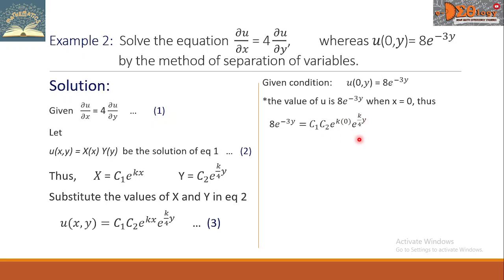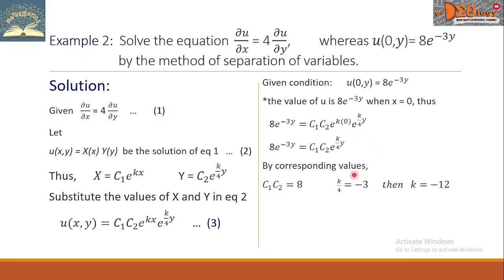We can simplify the right side because we have here k times 0 in the exponent. So this value here becomes 1. So the equation is simplified like this. Now look at our equation here. By corresponding values, we say that c sub 1 times c sub 2 is equal to the constant 8. The k over 4 is equal to negative 3.